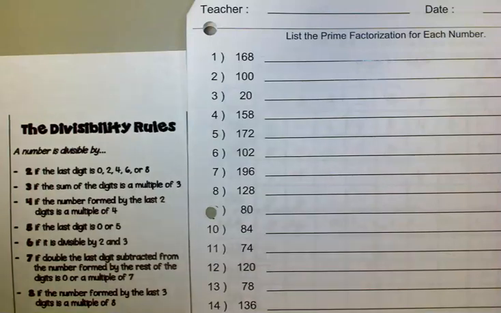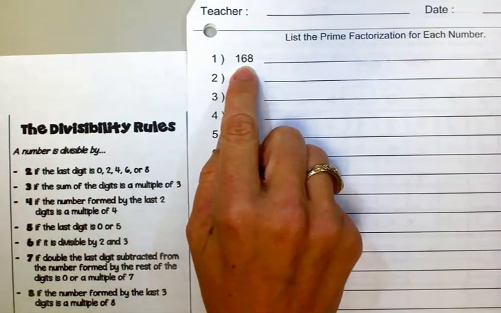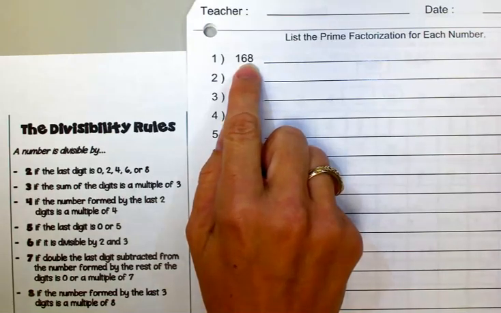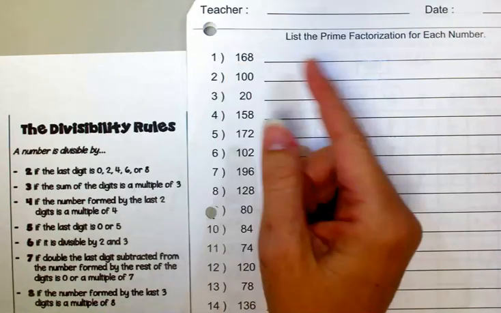A factor of 168, for instance, is some number that when you multiply it by some other number gives you 168. So 2 and maybe 84 would be factors of 168. 1 and 168 are other factors, and there are going to be some other factors.